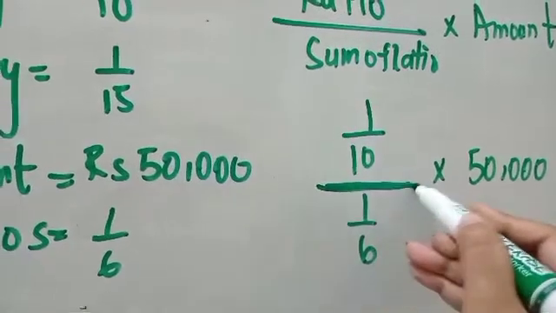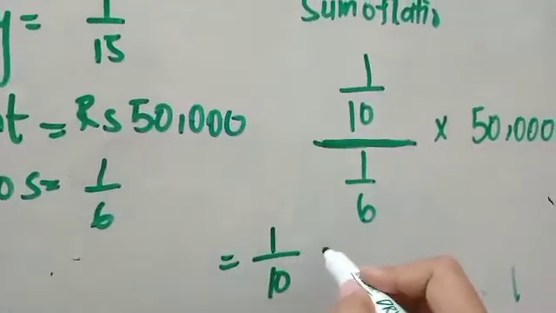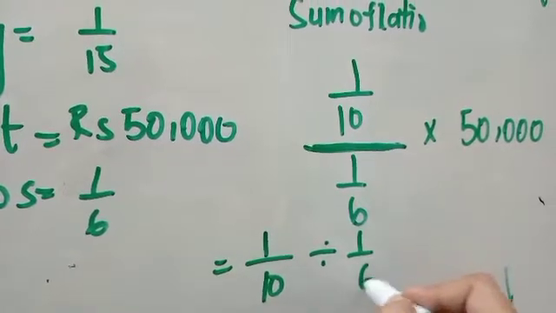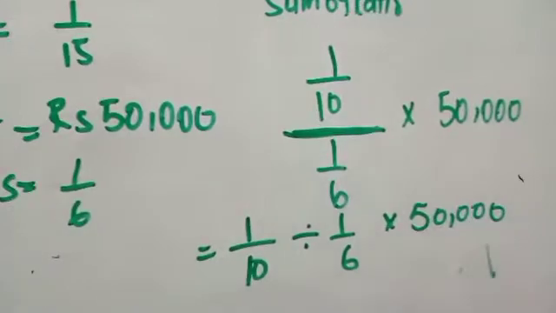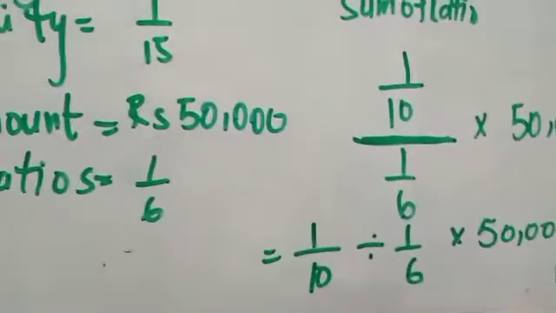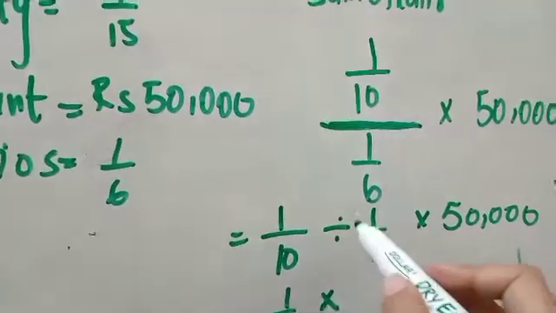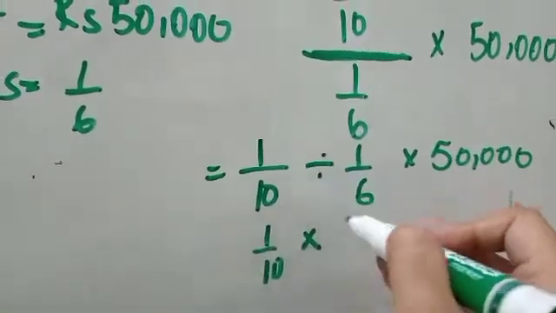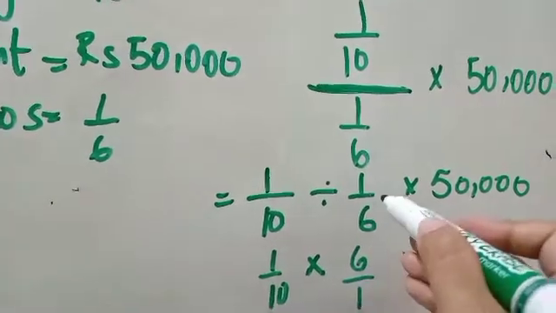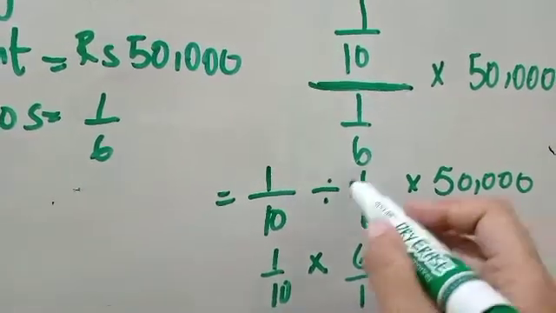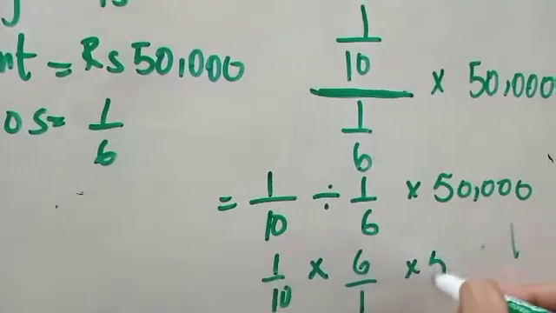You will make it bigger so that it is visible to you. 1/10 divided by 1/6 multiplied by 50,000. Now you will write 1/10 multiply by, when you change this divide sign into multiply, this 6 will go up and 1 will come down, which is called reciprocal. We make the denominator the numerator and the numerator the denominator. Now reduce it.